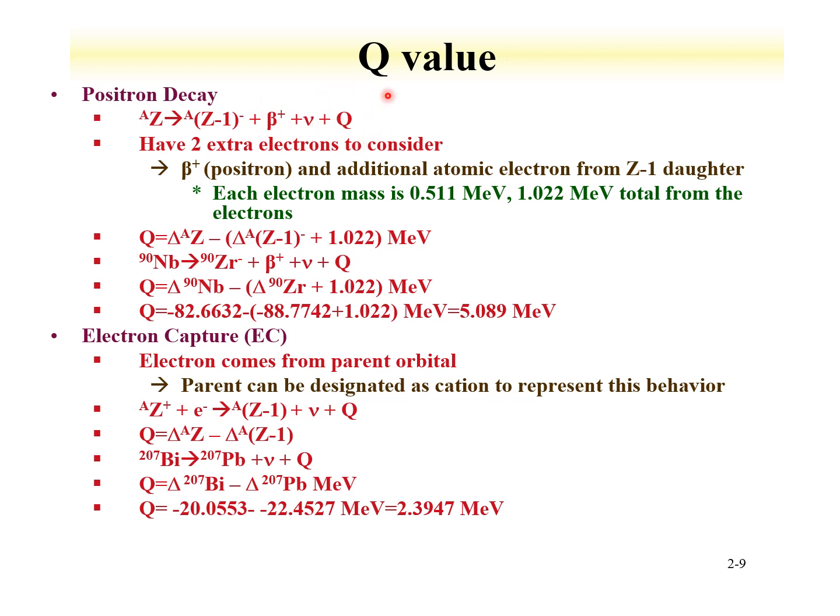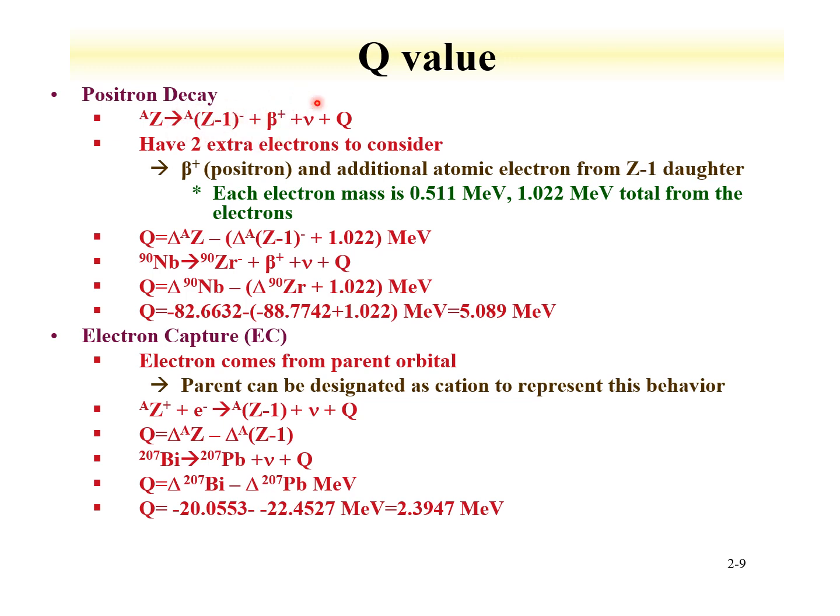So let's consider the Q value. Now, fundamentally, we have two extra electrons to consider. I have this atom that decays. I've taken a proton and converted it to a neutron. So this atom has an excess electron.